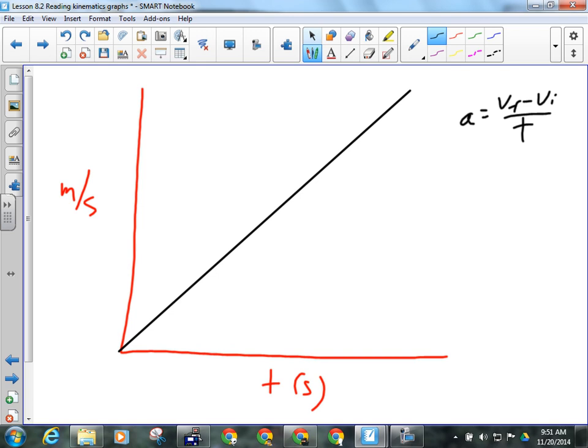Okay. Can I get velocity off of this graph? Yeah, because it's a velocity versus time graph. I also have time on this graph. This is the change in velocity here, right? Final minus initial tells me the change. So let's say I had these 2 points on my graph.